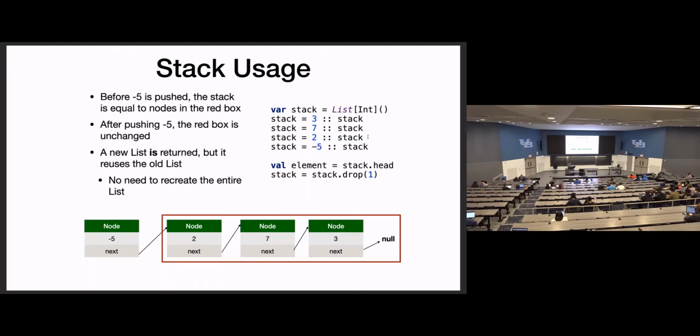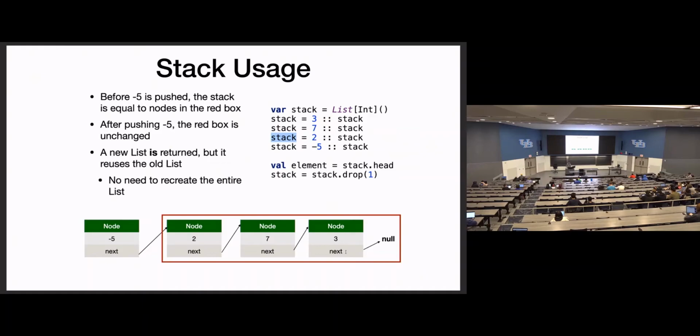So right after this line is executed, this is our exact linked list. And then in the stack variable, we have a reference to this linked list node right here. This linked list node has a reference to the next linked list node, which has a reference to the next linked list node, which has a value of null for its next.